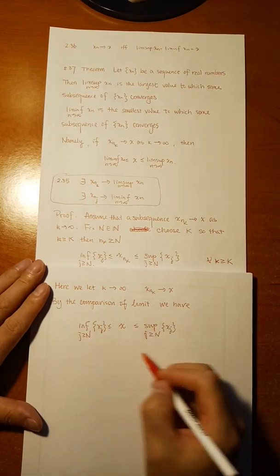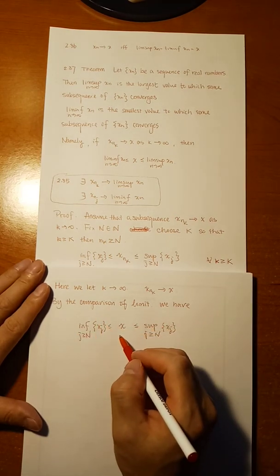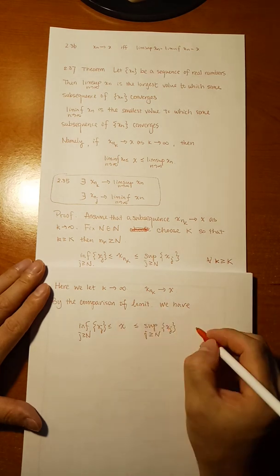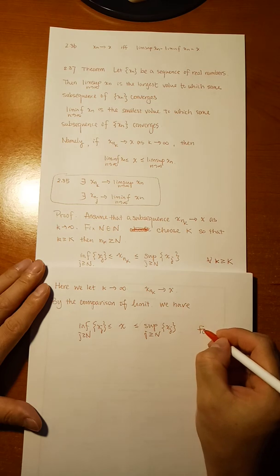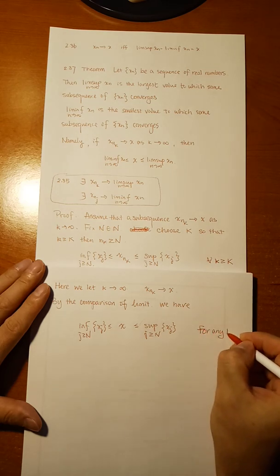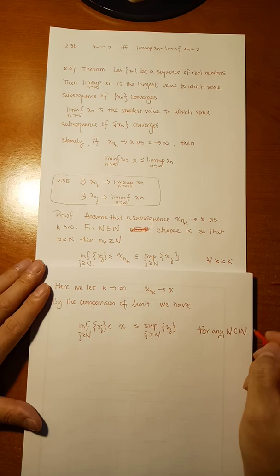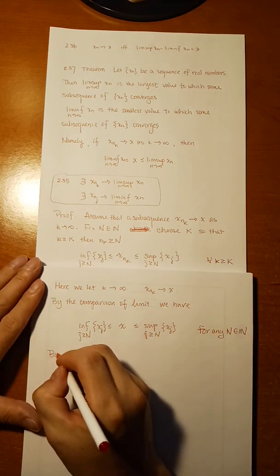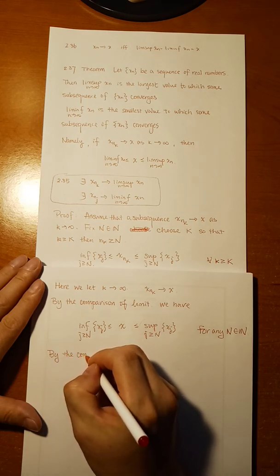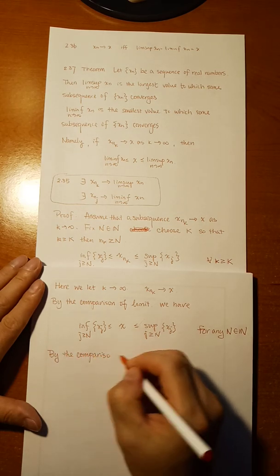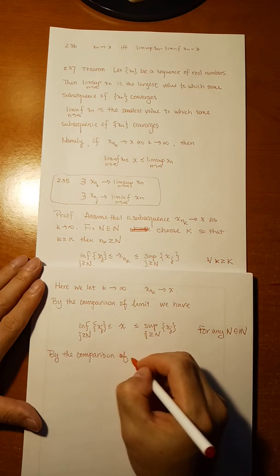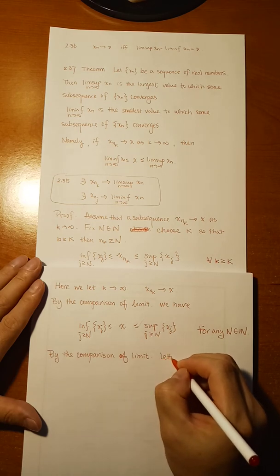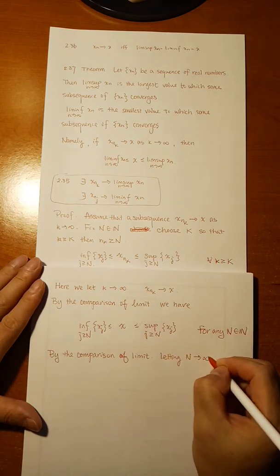Okay, so after you get this, the middle term is fixed, and this term depends on capital N, for arbitrary, for any natural number n, you have this property. And then, again, apply the comparison of limit, letting n approach infinity.